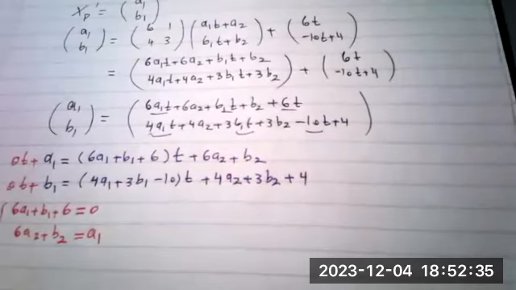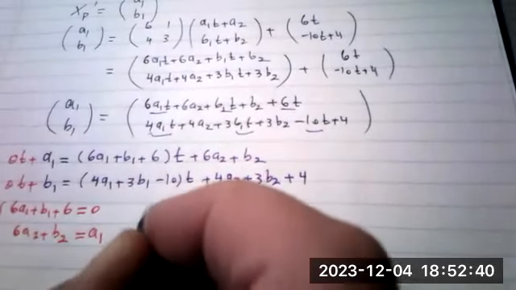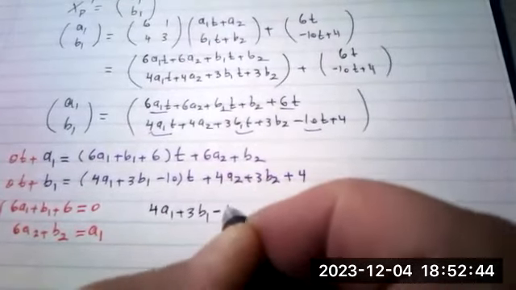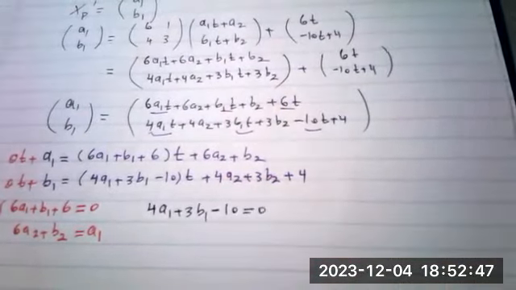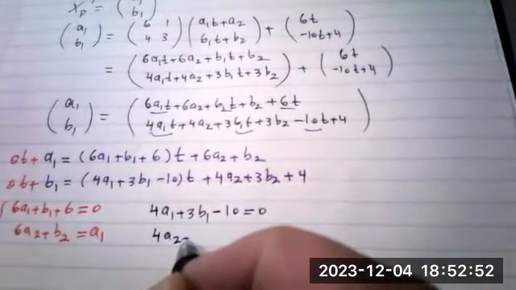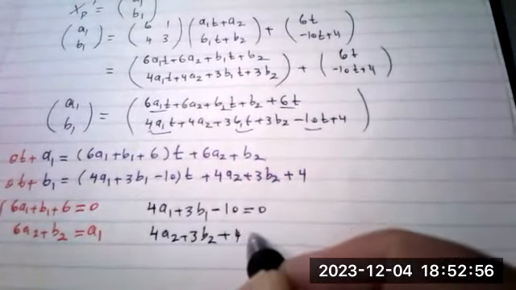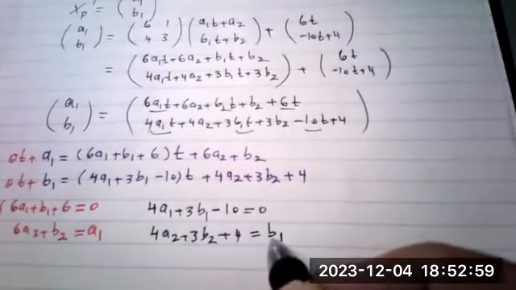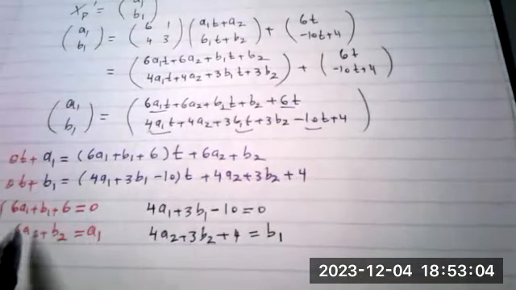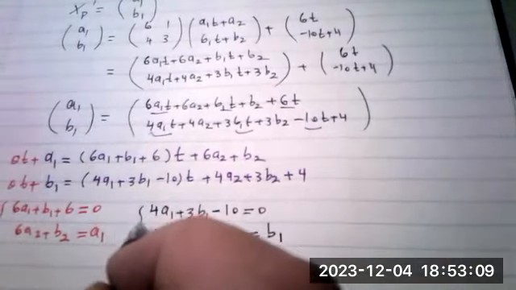Okay, now the second part. For the second one, you get 4A1 plus 3B1 minus 10 equal to 0. And the constant term is going to be 4A2 plus 3B2 plus 4. This will be equal to the B1.